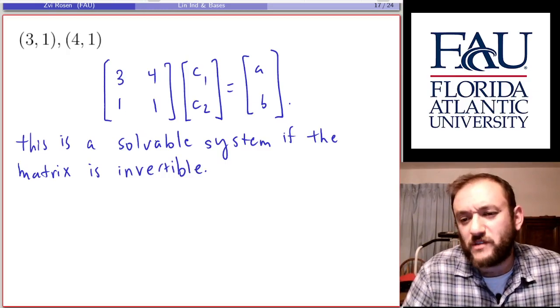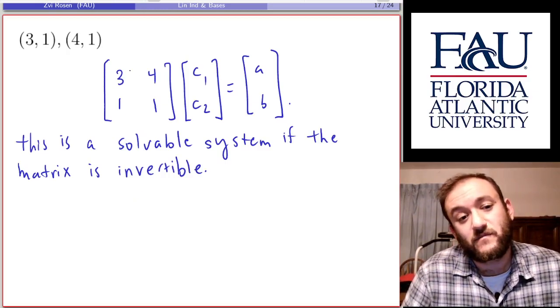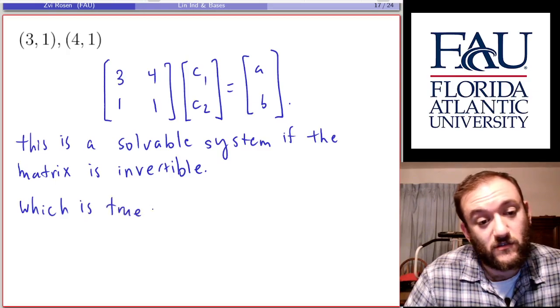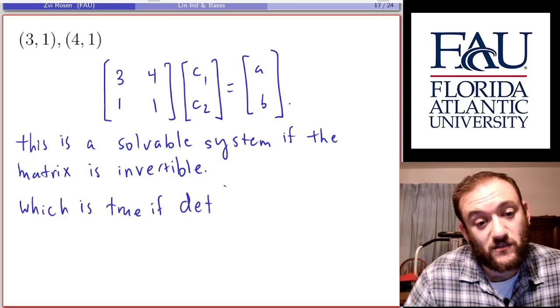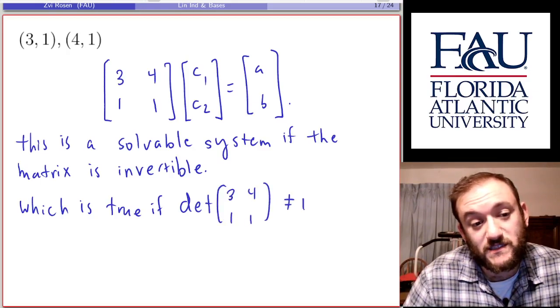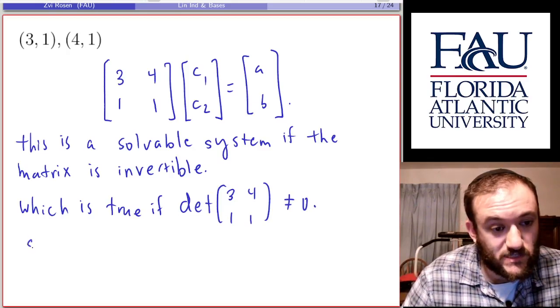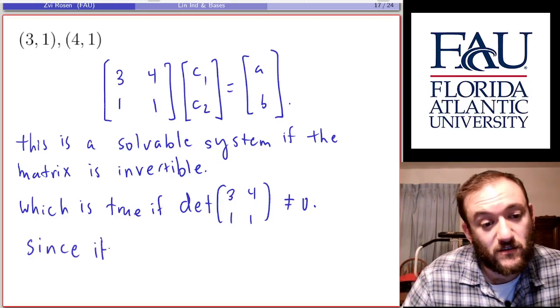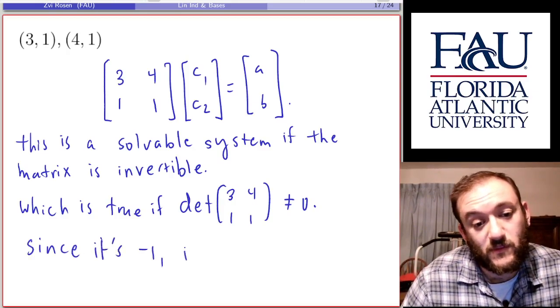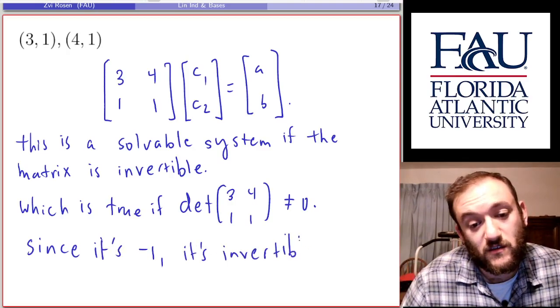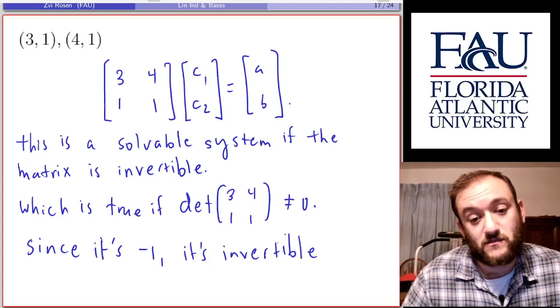And how do we know when a matrix is invertible? By computing the determinant, which is true if the determinant of [3, 4; 1, 1] is not equal to 0, and in fact, it's equal to -1. So since it's -1, it's invertible, so the pair of vectors spans.